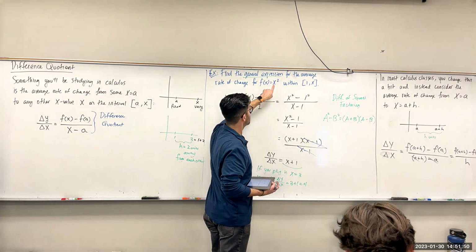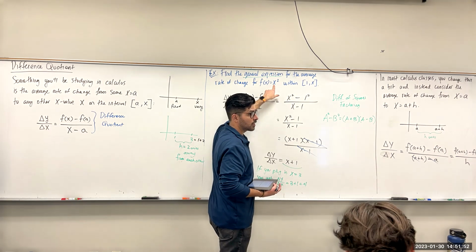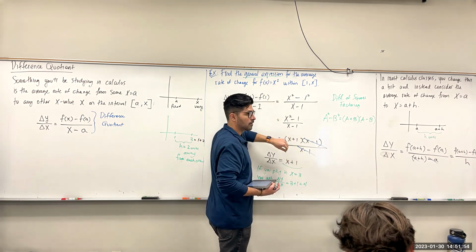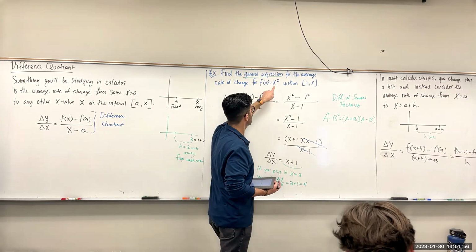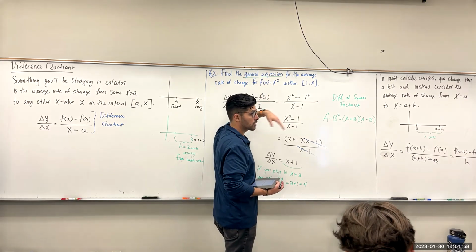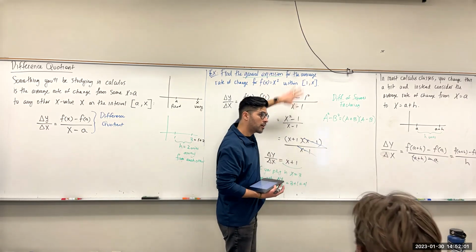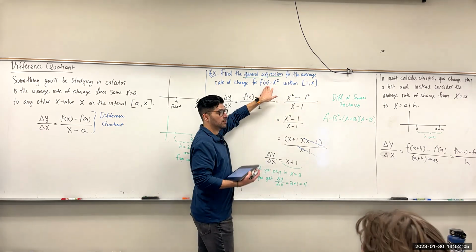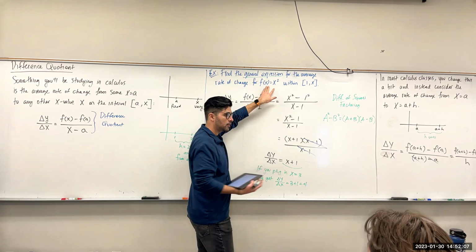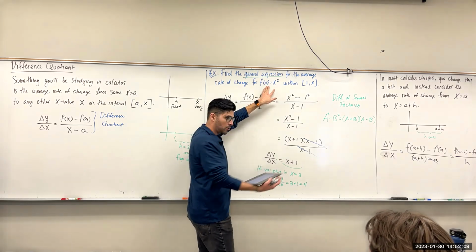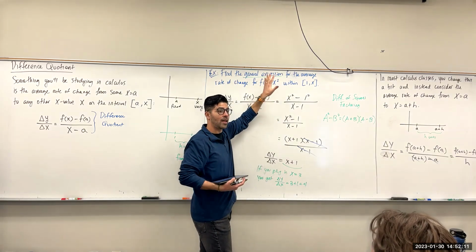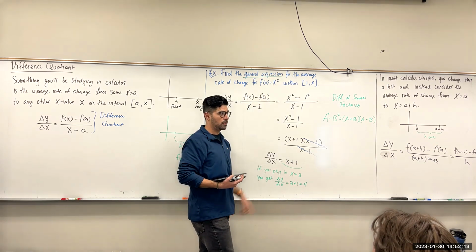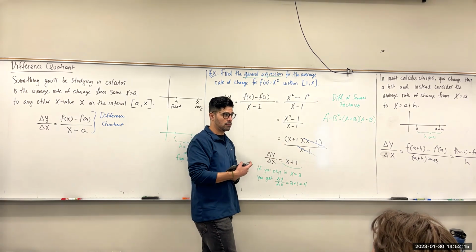If this was some other polynomial or some other kind of function, the algebra is very different. In calc, this function becomes a trig function, an exponential function, a log function, a polynomial function, a square root function. So you got to learn the algebra of all those functions to find that difference quotient.